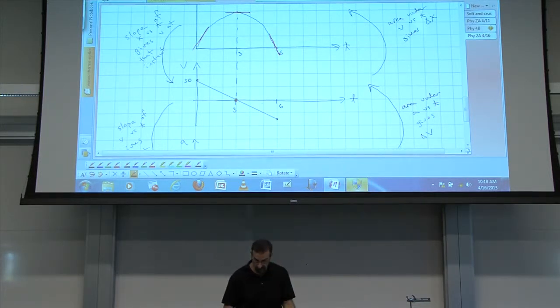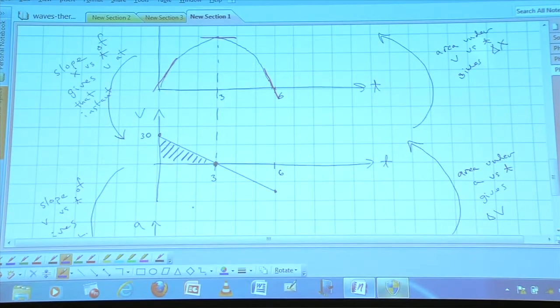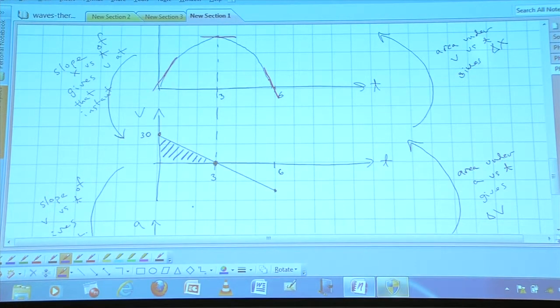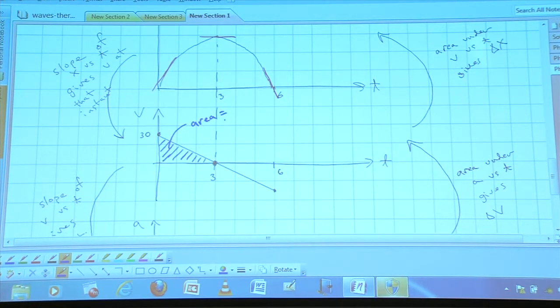Okay? So what's the area under the curve for this first part here? I want to know how far did it go up. So the area here is, what is that? 1/2 base times height, right? 30 times 3, 45. And what is that?